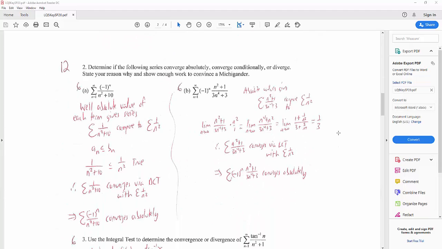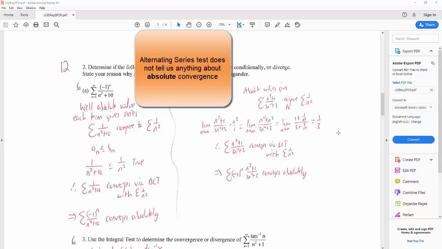Number 2, do the following series converge absolutely, conditionally, or diverge? Again, state a reason why and show enough work to convince a Michigander. First off, the alternating series test does not tell you anything about absolute convergence.